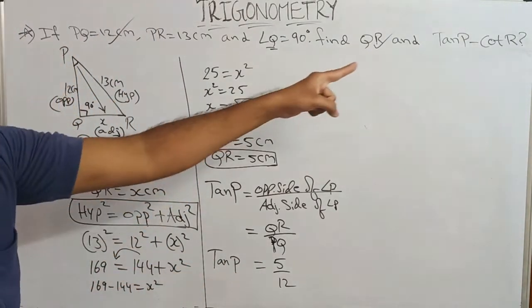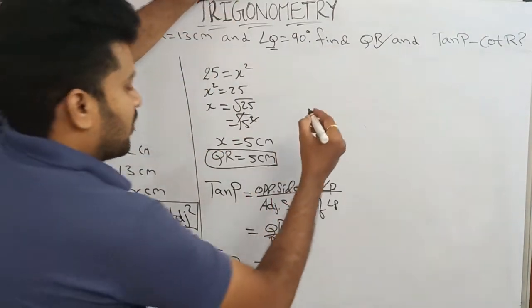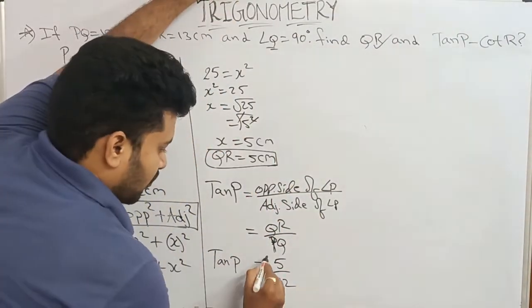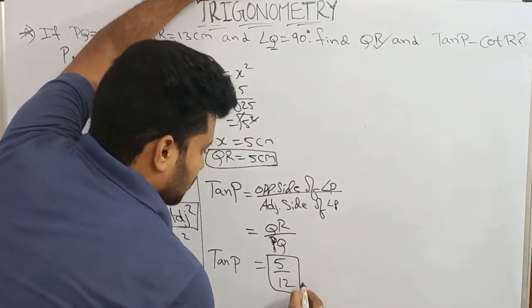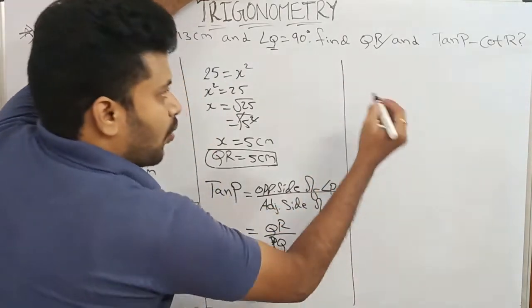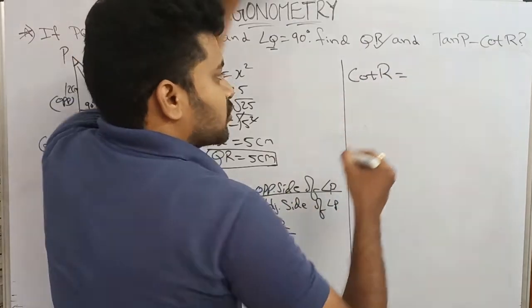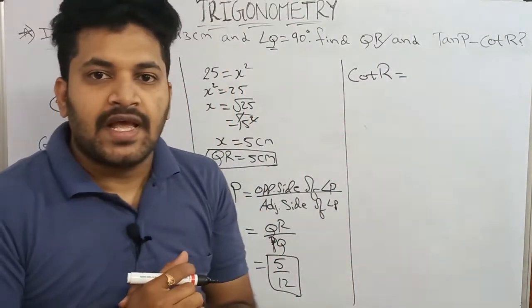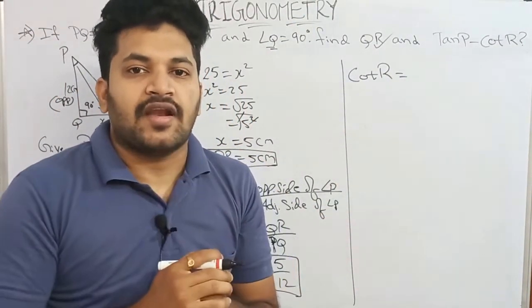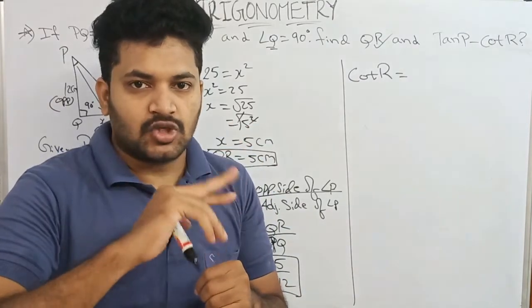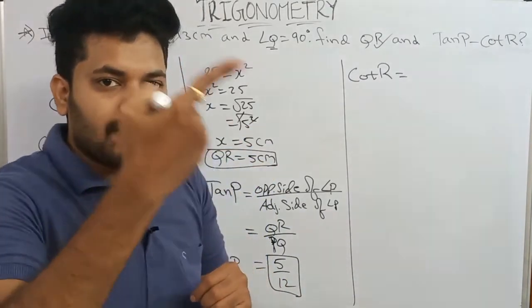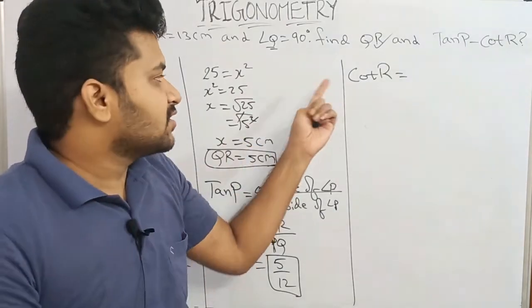Then cot R. What is cot R? Let us keep it in a box. What is the cot formula? Exactly the reciprocal of tan. Tan is opposite by adjacent. So cot is adjacent by opposite. Adjacent will be coming up, opposite will be coming down. What is related here?